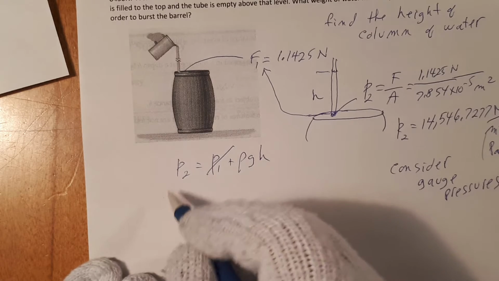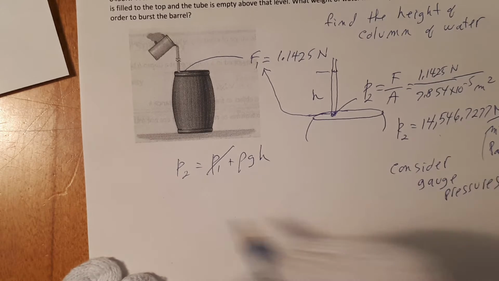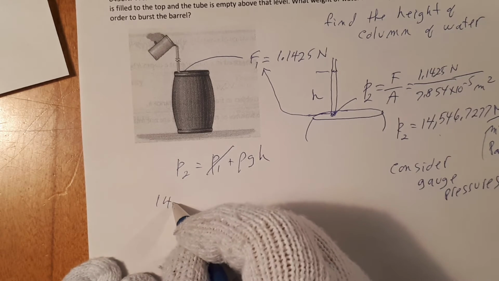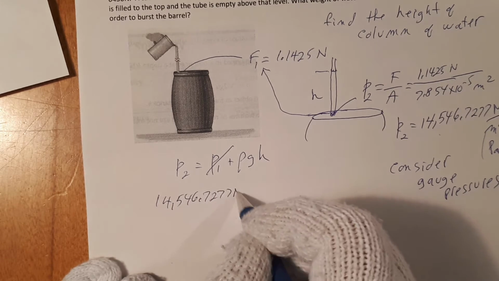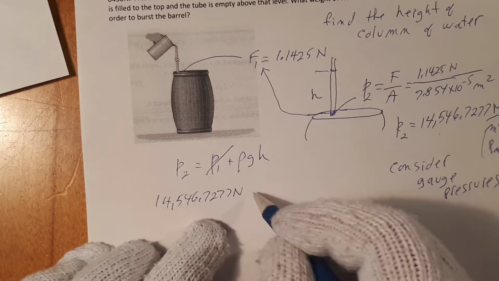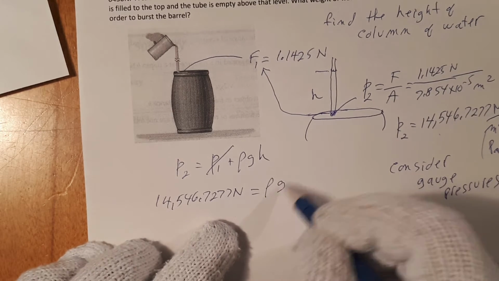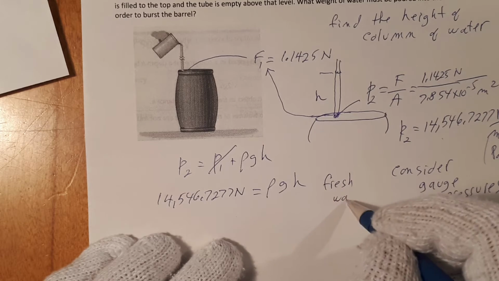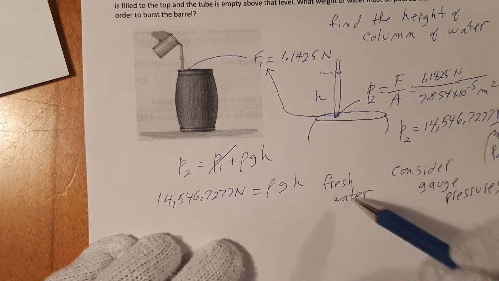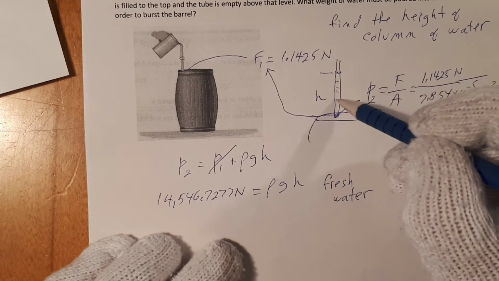And pressure at 2 is equal to rho g h, all of this for fresh water, the water that's been inside this column.